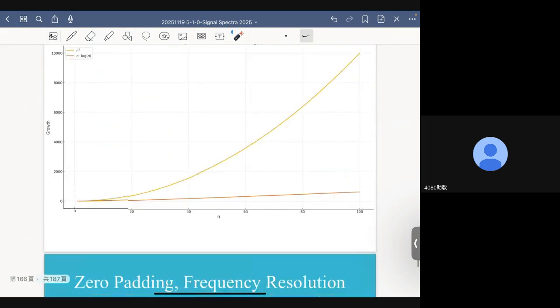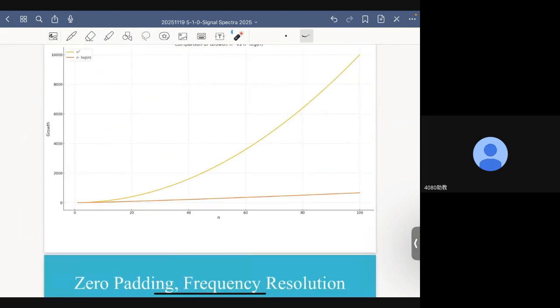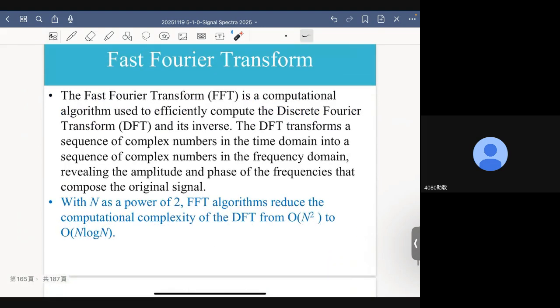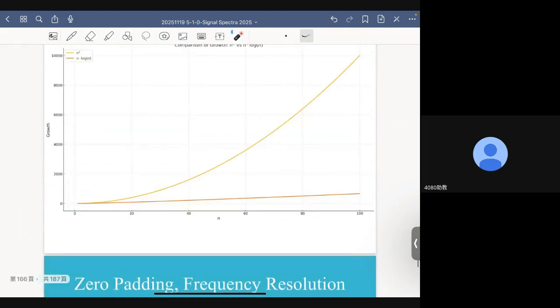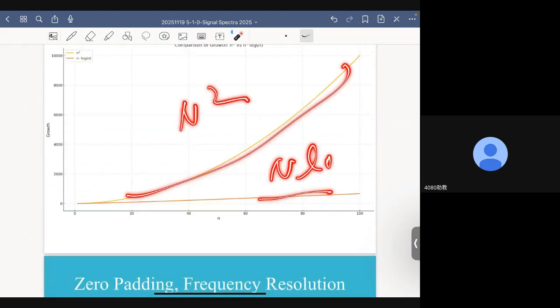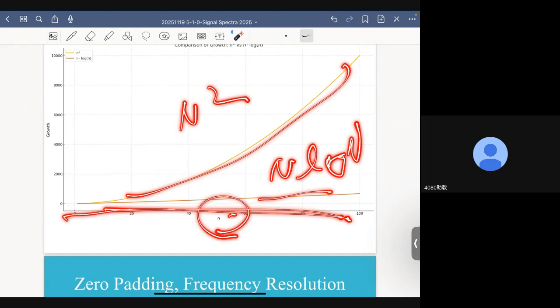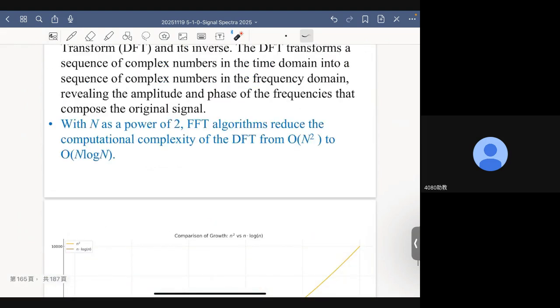To help you understand how much computational time you can save by setting the number of data points right, you can see that this curve is n squared, and this curve is n log n. And of course, the horizontal coordinate is n, the variable, which is the number of data points.